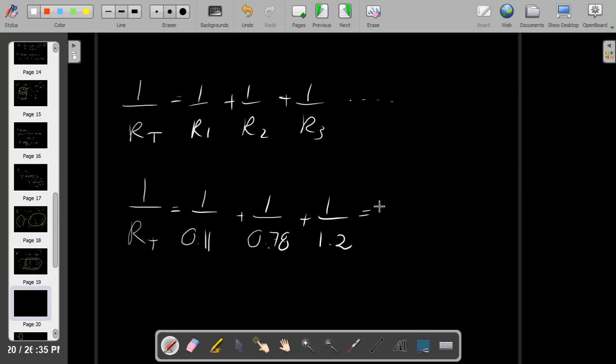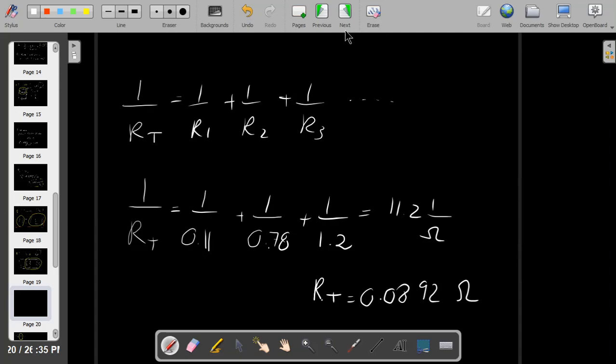So put everything in your calculator, and you get 11.2, 1 divided by ohms. So you're not done. Divide 1 by this number, and you find that your effective resistance for that area is 0.0892 ohms.